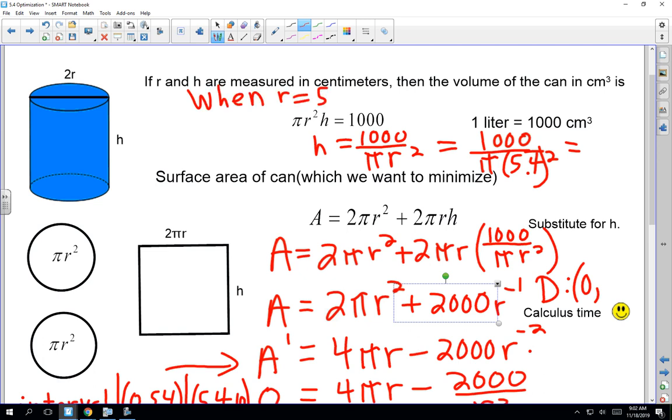R equals 5.4 centimeters, and H equals 10.9 centimeters. Then you can find the surface area by plugging those into the surface area formula. So that's minimizing.